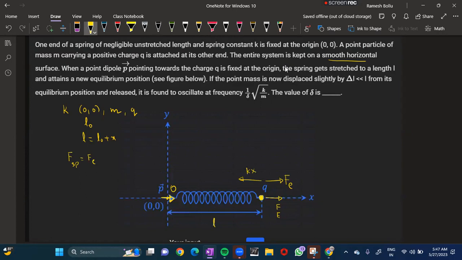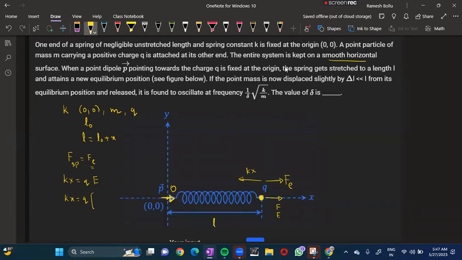What is the spring force formula? K into X equal to what is the electric force due to dipole on the charge? Q into electric field due to dipole. What is the electric field due to dipole formula? This charge is on the axial line only, na?